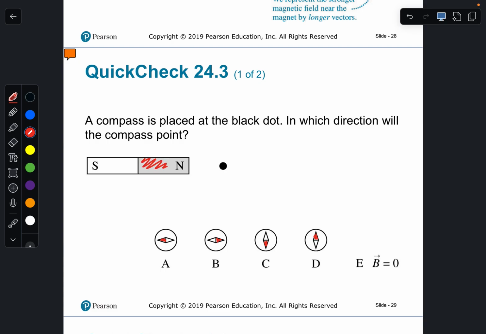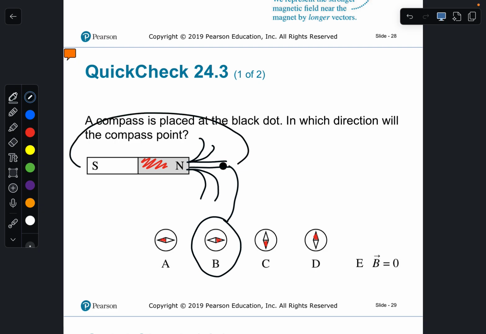So it points away from north and towards south, and we are directly to the right of this. What we kind of saw in our example is this kind of thing going on, right? So our compass needle, probably B, points directly away from north and eventually towards south when these loop all the way around.